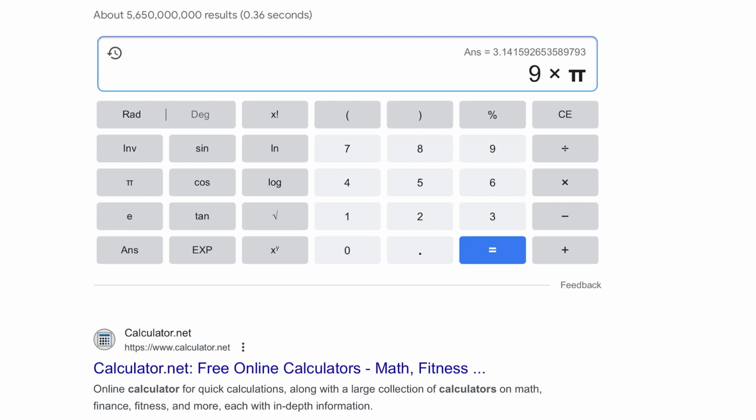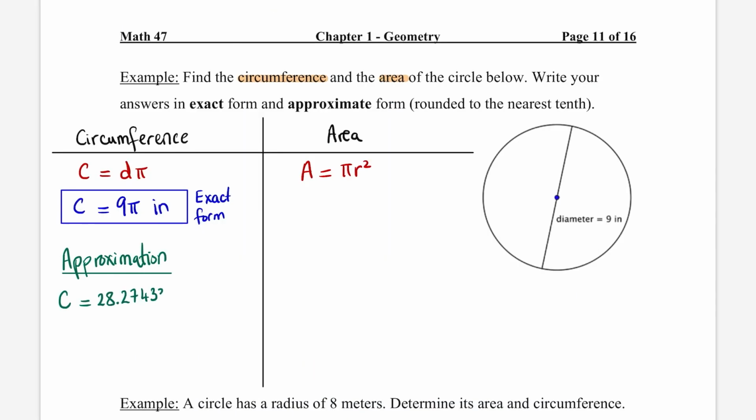Other than that, just use the pi key. Equals, and this is my approximation. For the approximation, they want me to round to the nearest tenth, which is round to 1 decimal place. This digit is 7, so I round up to 28.3.